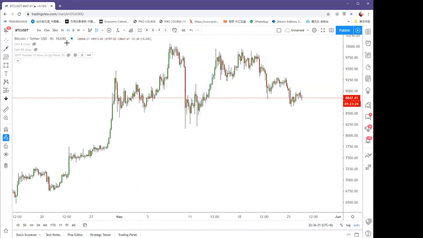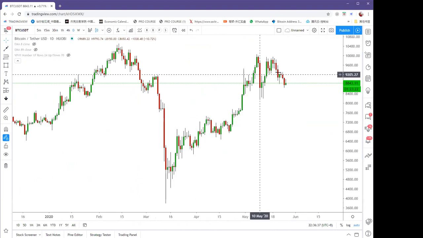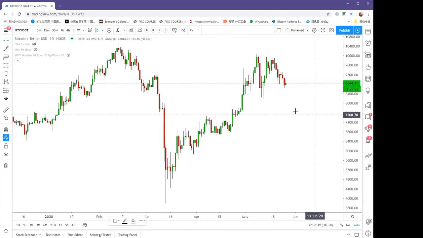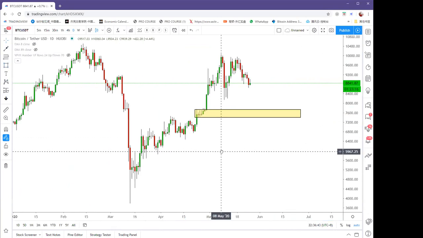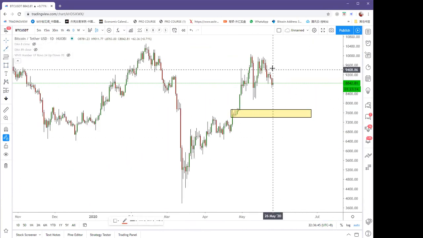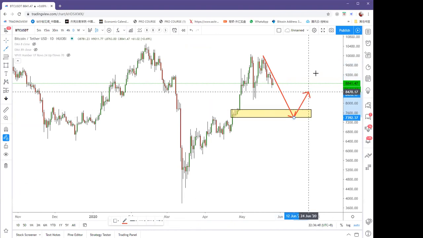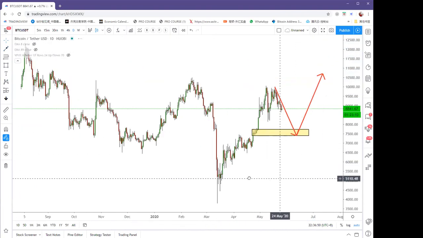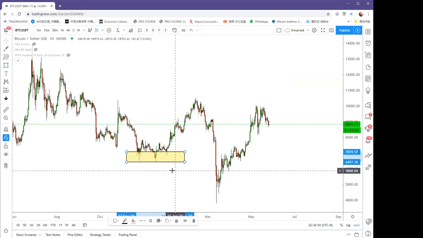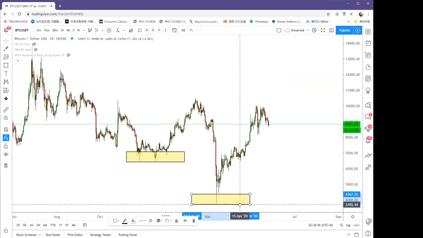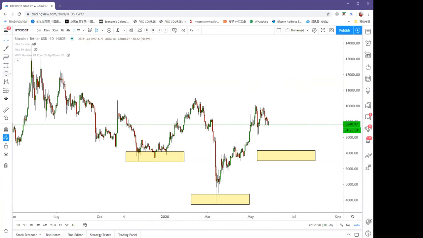And a good place for you to re-enter the Bitcoin trade will be about 7,600, about this level. So wait for the price to come back to this level and go for another rally. And there is also a potential head and shoulder pattern.